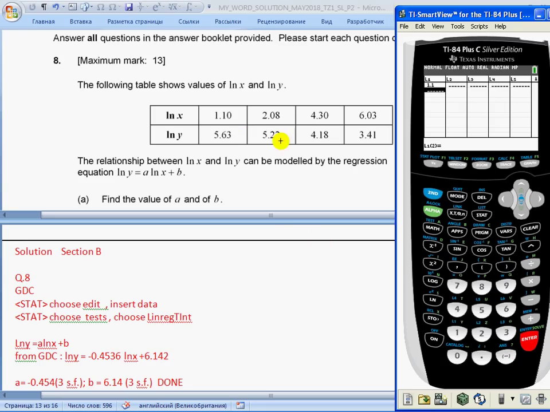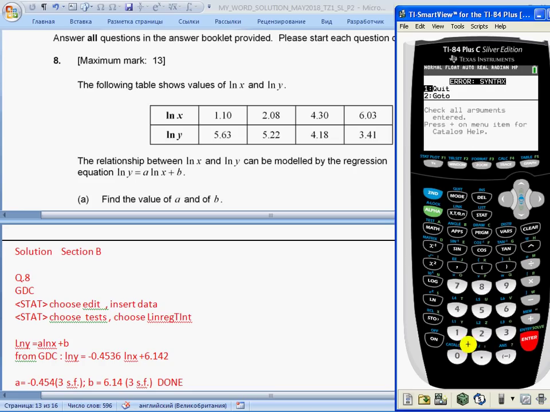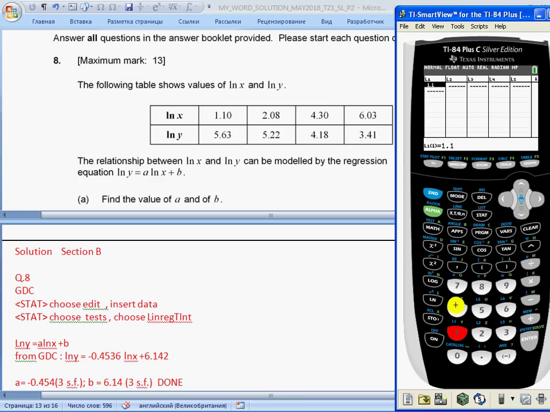First column 208, enter. 43, enter. 603, enter. Then something went wrong. Start, edit. It didn't like something.